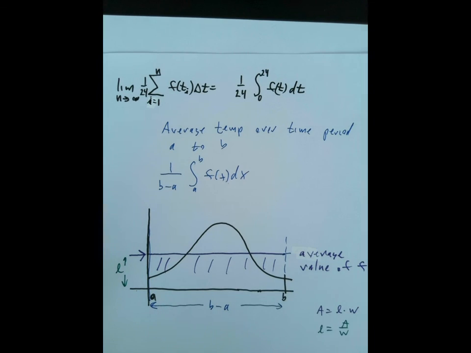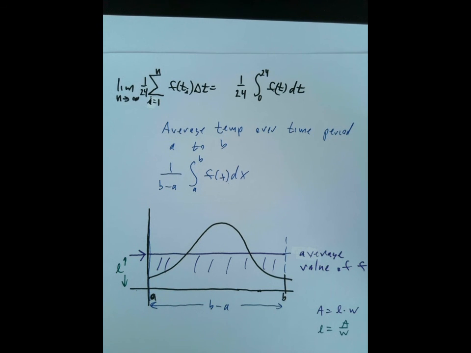We imagined that we let the time interval, delta t, get smaller and smaller: 15 minutes, 10 minutes, 5 minutes, 1 minute, half of a minute, 30 seconds.